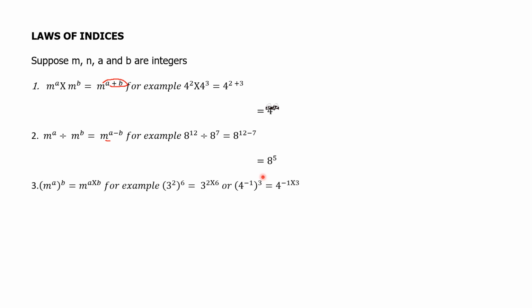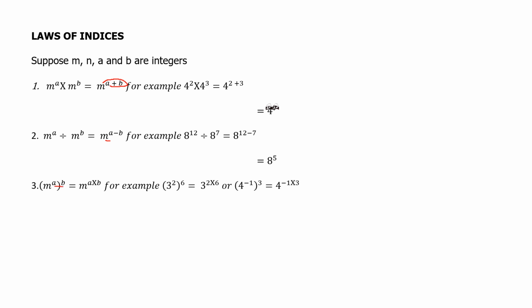When we go to the next one, we have a base m raised to a, where a is the power, and outside the bracket we also have a power, which is b. In this case, when we remove the bracket, those powers multiply each other.